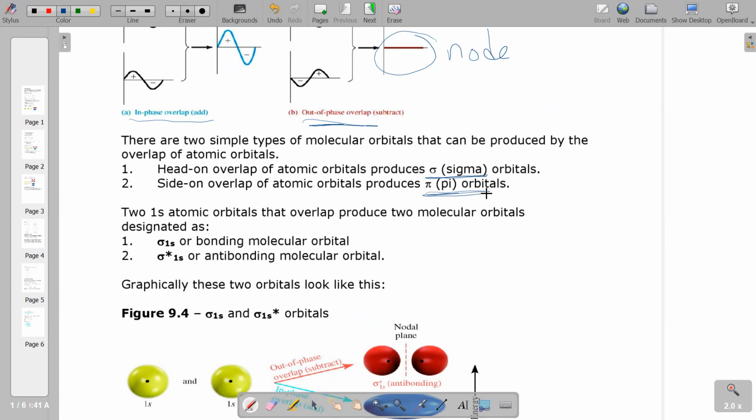Also, we have bonding and anti-bonding orbitals. The electrons will fill the bonding orbital first, and then the anti-bonding, and then if the anti-bonding is completely full, it will cancel out the bonding completely. The anti-bonding has a little asterisk, and that indicates the anti-bonding for that particular orbital.